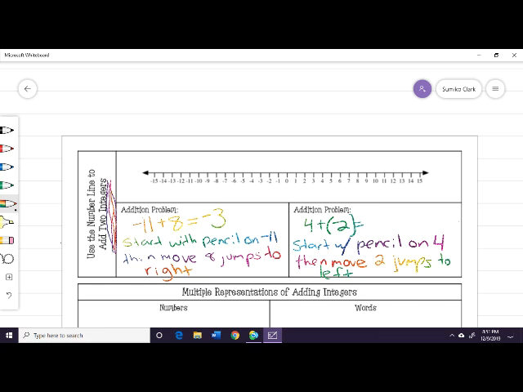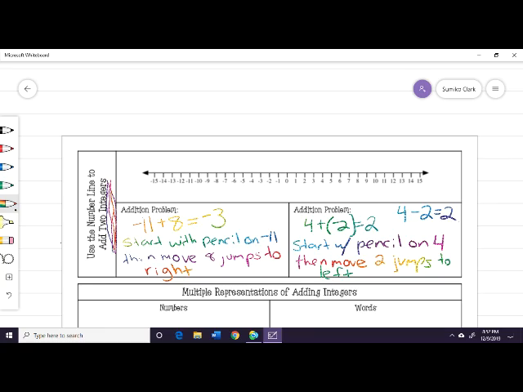The answer to that is 2. So you'll recognize that 4 plus negative 2 is the same as saying 4 minus 2 equals 2. Remember, you can think of adding negative numbers the same as subtracting positive numbers.